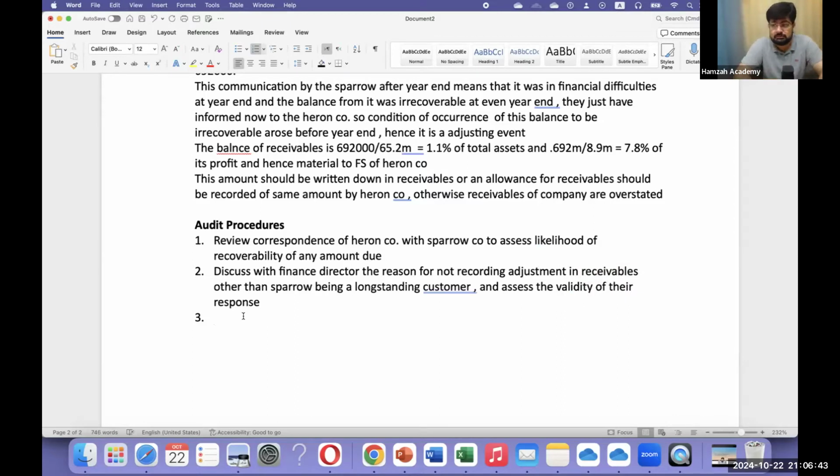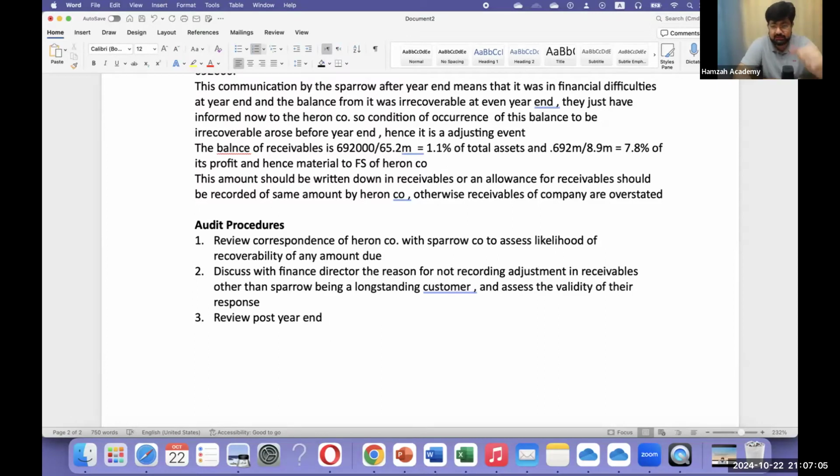Next, one more. Review post year end. You see, all these procedures are about the recoverable amount, because the finance director is saying an amendment need not be recorded because it is recoverable.